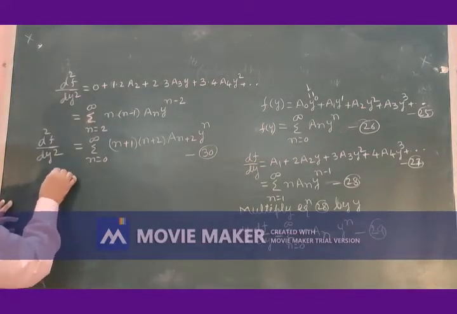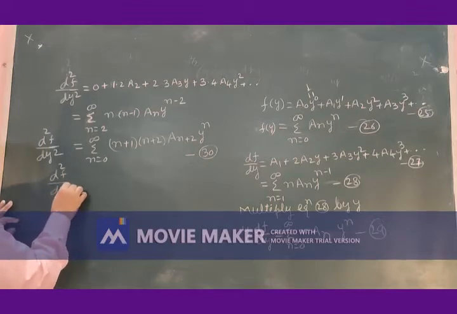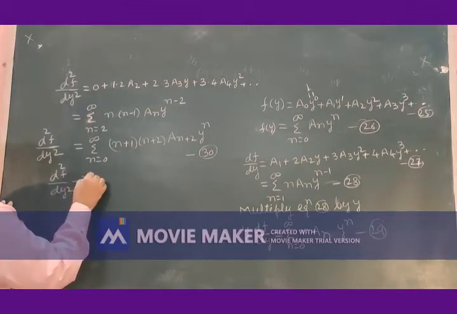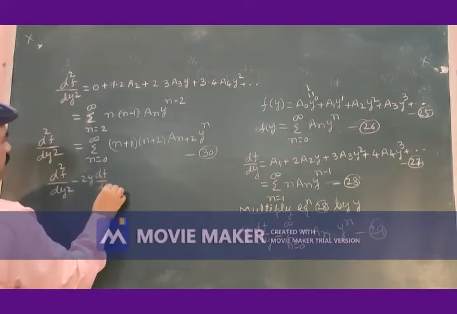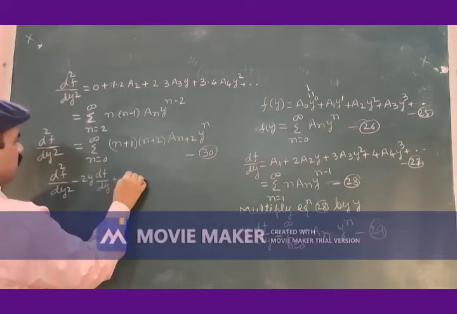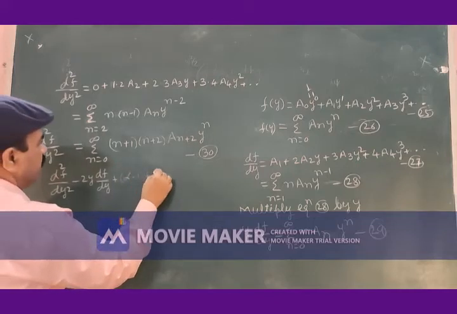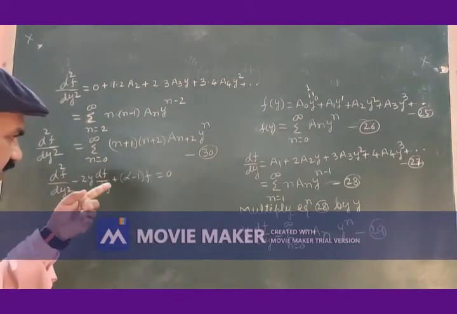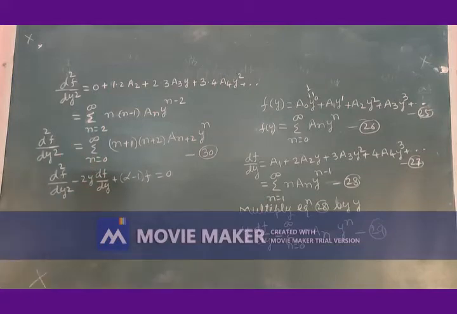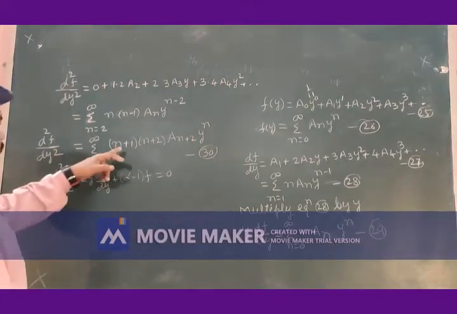This one: d2f by dy square minus 2y df by dy plus alpha minus 1 into f is equal to 0. In this equation, let us substitute equations 26, 29 and 30.